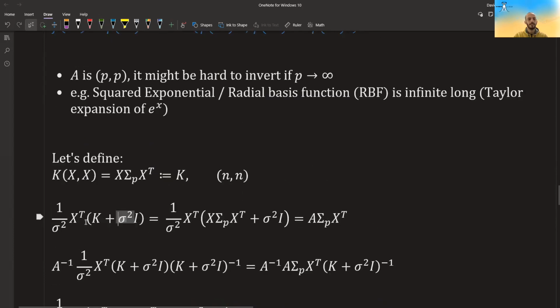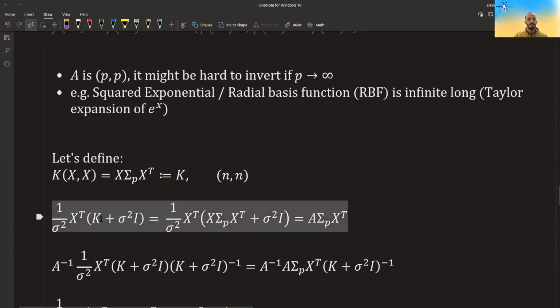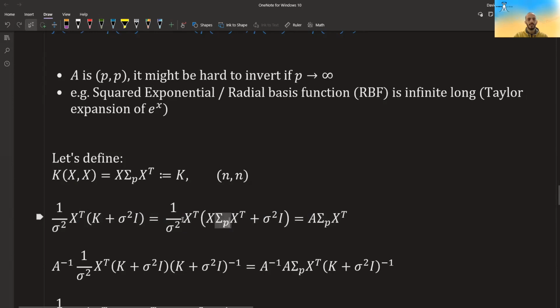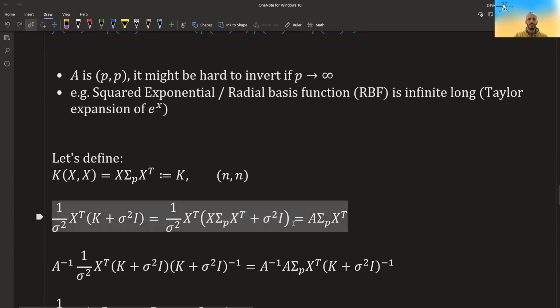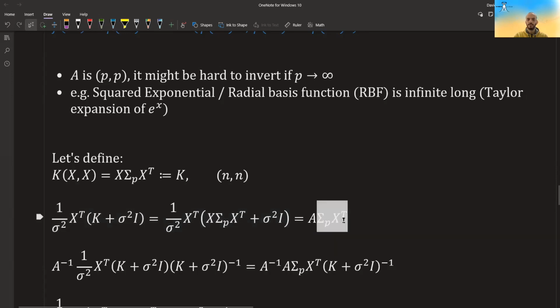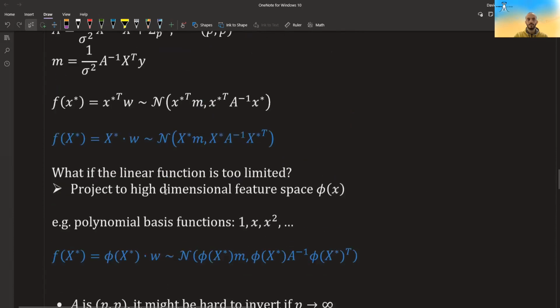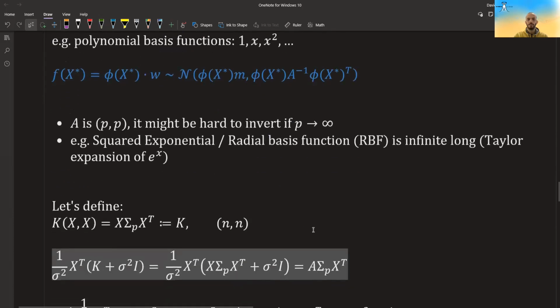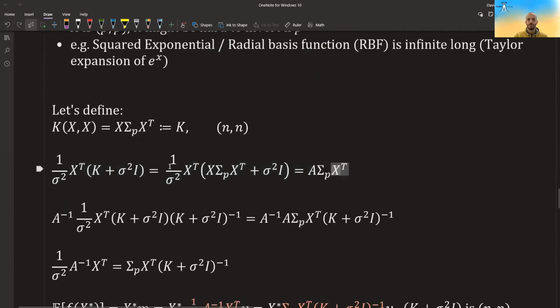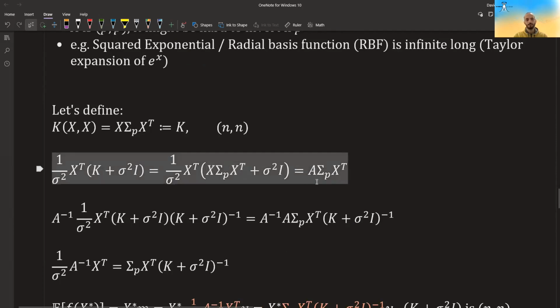So now let's look at this expression. If we open the K, we get this expression over here, and I say that this is equal to A times this thing over here. You can just check this: take the expression for A here, multiply it by this expression, and you will get this expression over here.